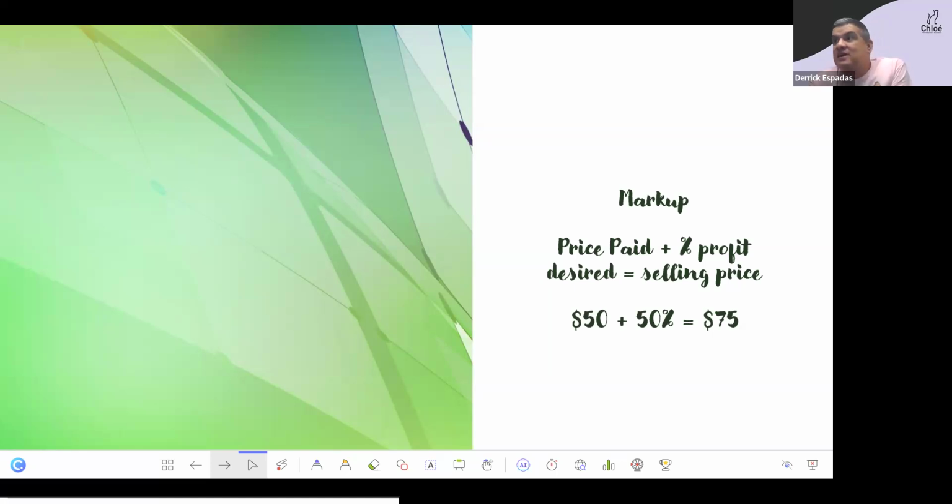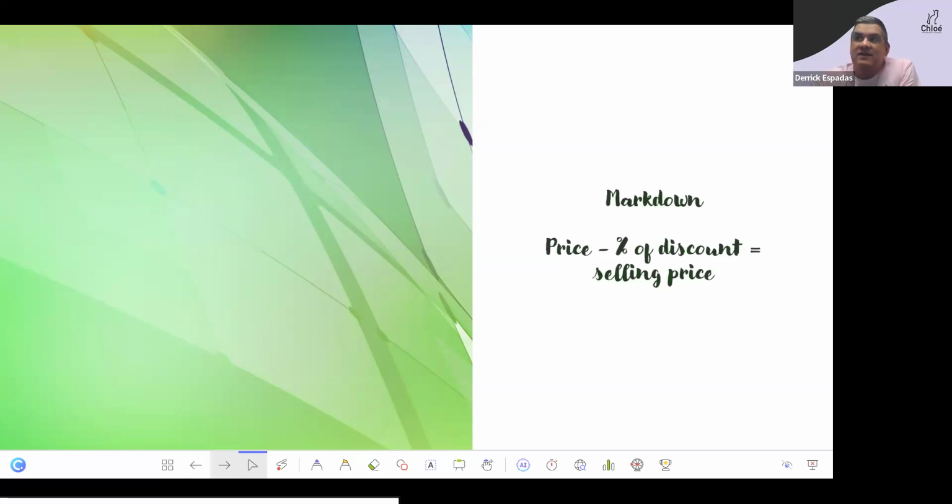And that's pretty common, usually it's a 50% markup. So 50% of 50 is 25. I hope you can do the math on that one. So 50 plus 25 is 75, and that's what they're going to sell the product for. Markdown is you take the price and you subtract the discount to get the selling price.